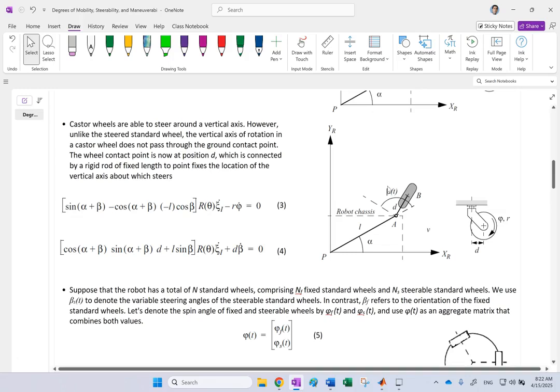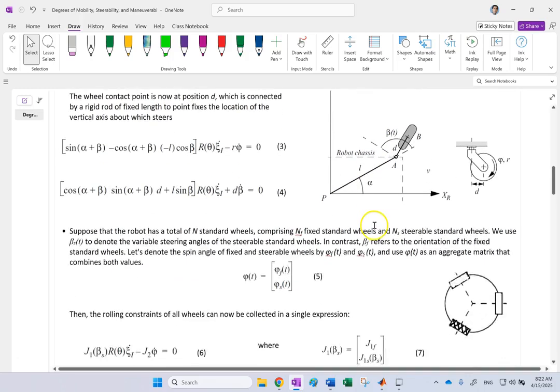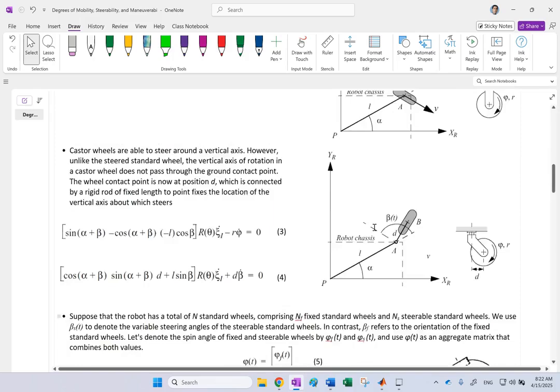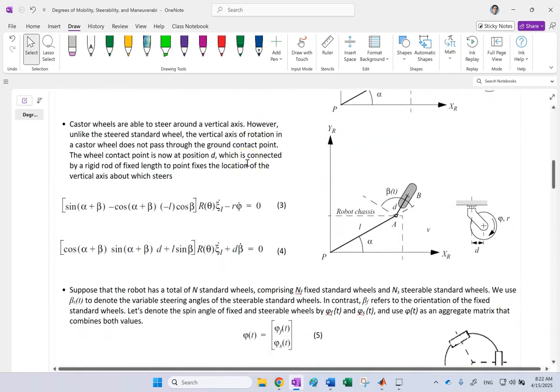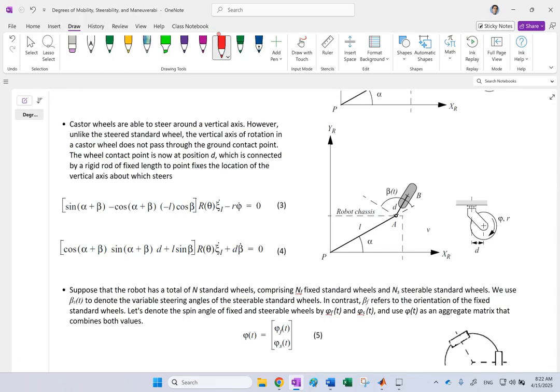So let's see what the caster wheel is and how we formulate the constraint for it, and then we go from there to defining these degrees of manipulability: the maneuverability, steerability, and mobility. So caster wheel, what's the difference? A caster wheel, if you look at it from the top or from the side, the vertical axis of it and the axis of rotation are not on the same line, right?